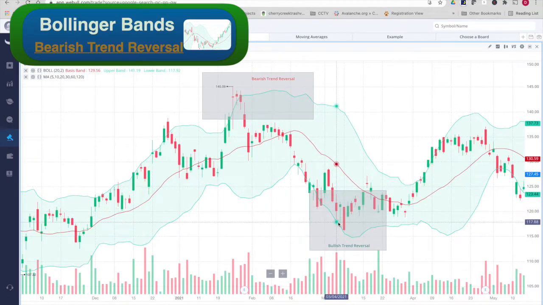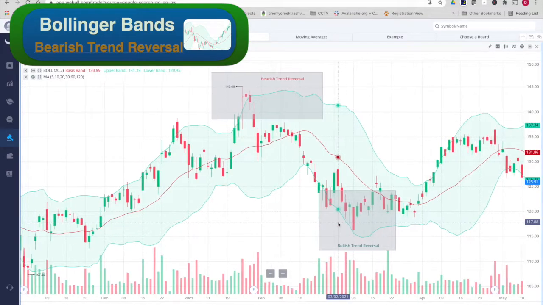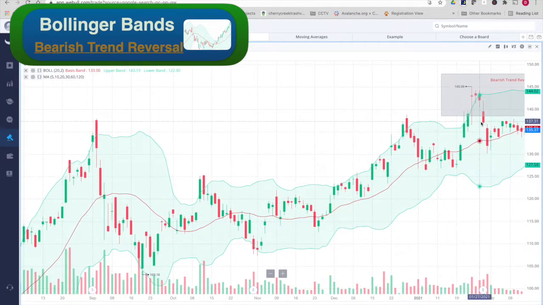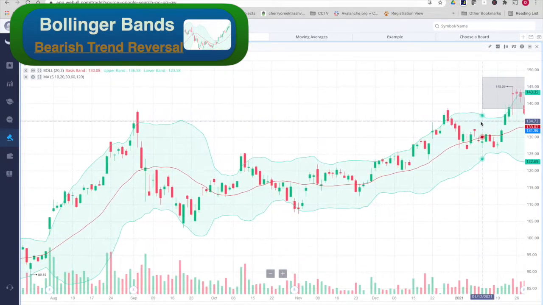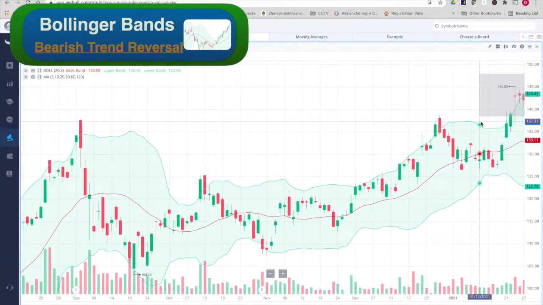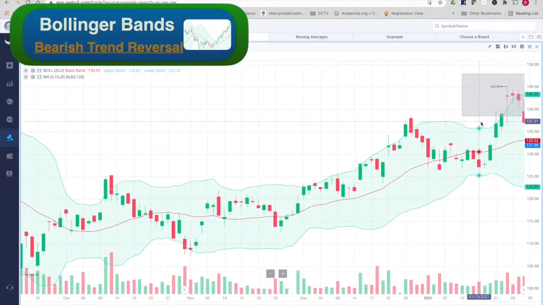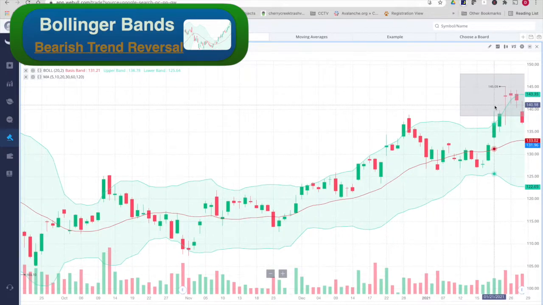Now, this kind of indicator is harder to use in practice because let's pretend that this is happening in real time. If we look over here at the right of my screen, we don't know what's going to happen next. These bands are drawn in real time. So all we could do is see that, hey, this is exceeding the Bollinger Band. Maybe it's time to sell our stock and take our profit.